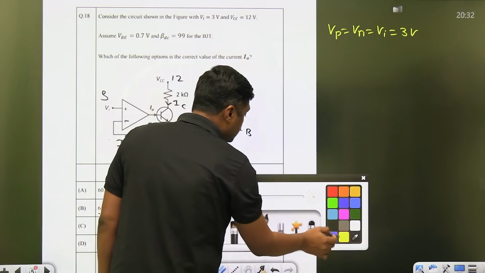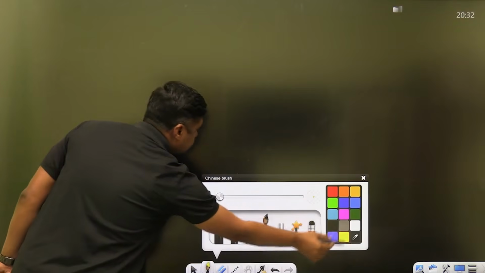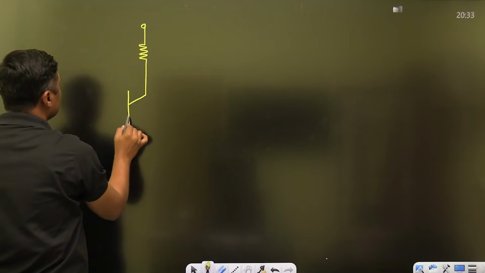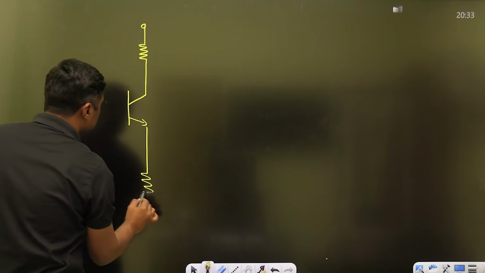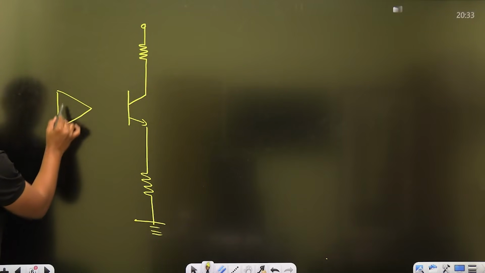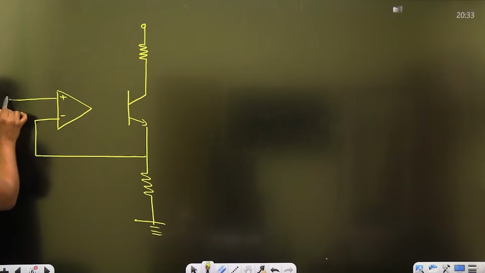At this point it is 3 volt, guys. So I will redraw the diagram. The BJT is given, one operational amplifier is connected here with negative feedback, and Vi of 3 volt is connected here.